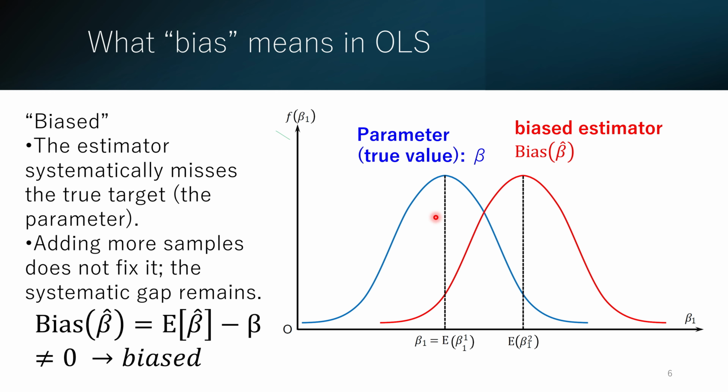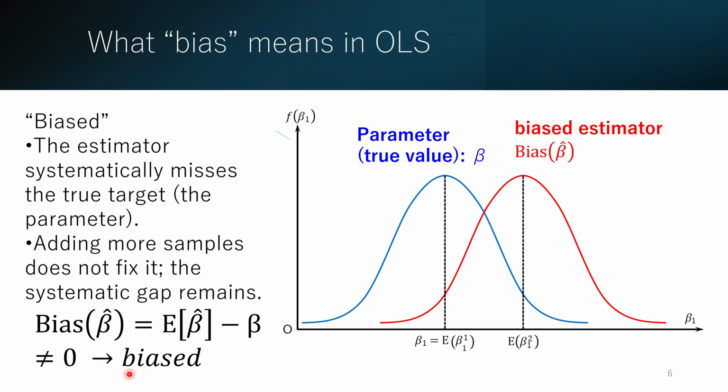But if it is not satisfied, the estimator is biased. Bias means our estimator misses the true target on average. Even if we collect more data, a systematic gap remains. More samples will not fix it.